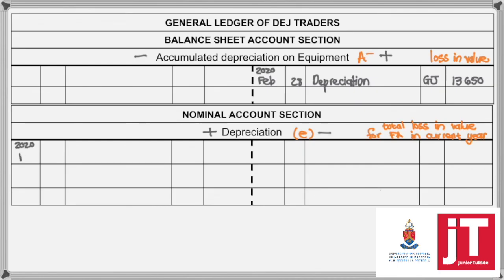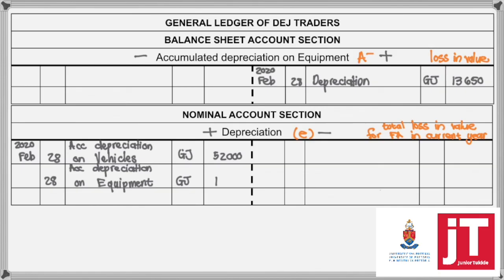So first, we're going to debit for accumulated depreciation on vehicles, 52,000 Rand, and then we're going to debit for accumulated depreciation on equipment for 13,650, and then we add it to show that the total depreciation for the financial year is 65,650.